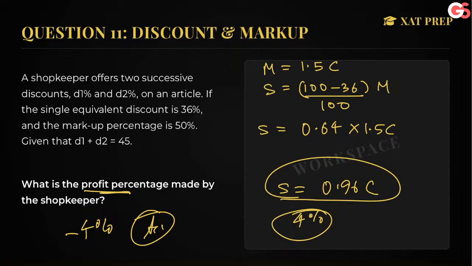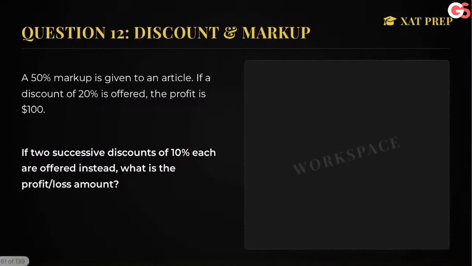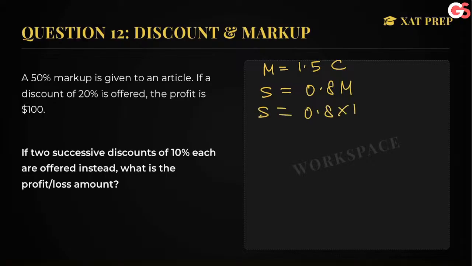That's it. Next, a 50% markup is given to an article. Okay, so M is equal to 1.5 times C. Discount is offered of 20%. So selling price is 0.8 times M, which gives us 0.8 into 1.5 times C, which is 1.2 times C, that is selling price.